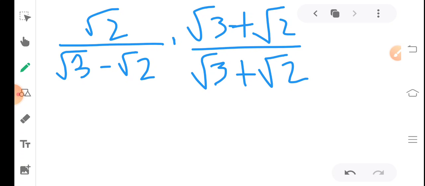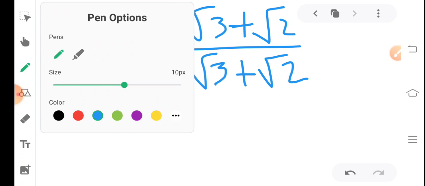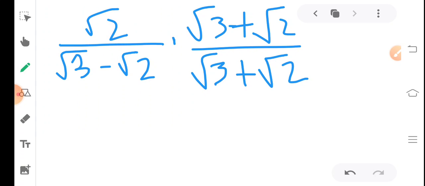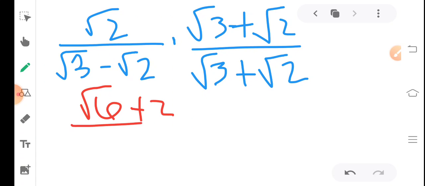So the result, if we multiply: the square root of 2 times the square root of 3 is the square root of 6. The square root of 2 times the square root of 2 is 4, and the square root of 4 is 2, so that's plus 2, over the square root of 3 times the square root of 3, which is 3.